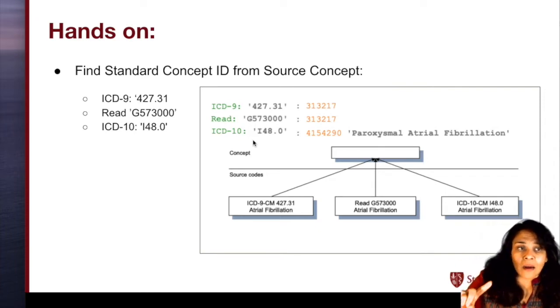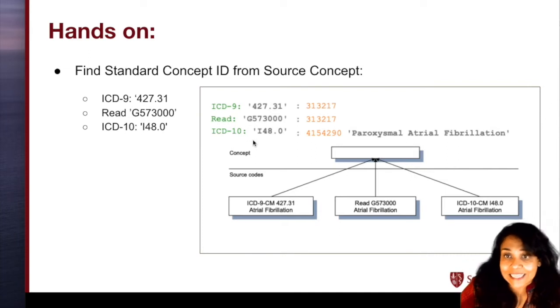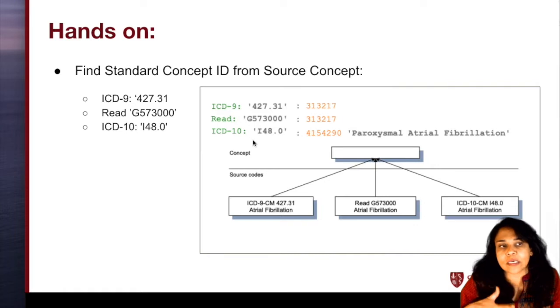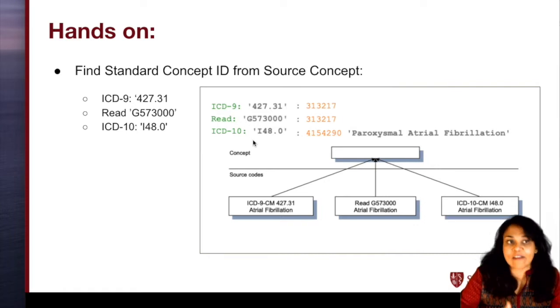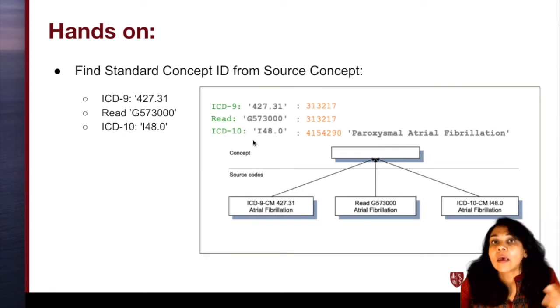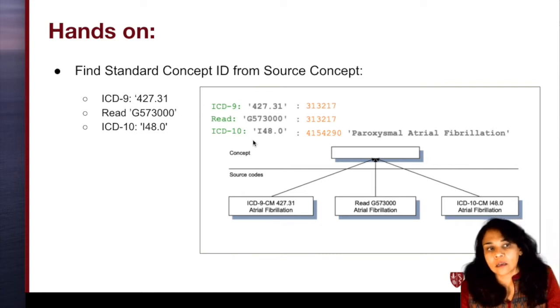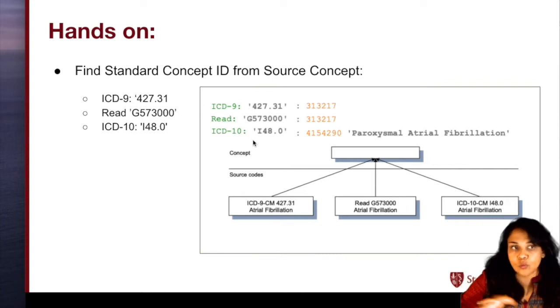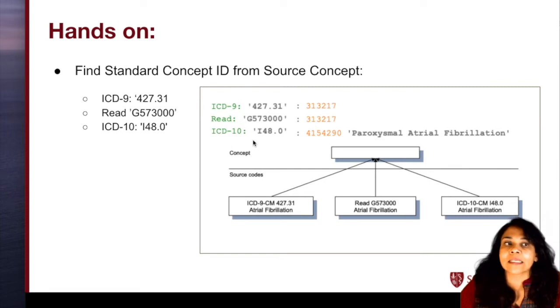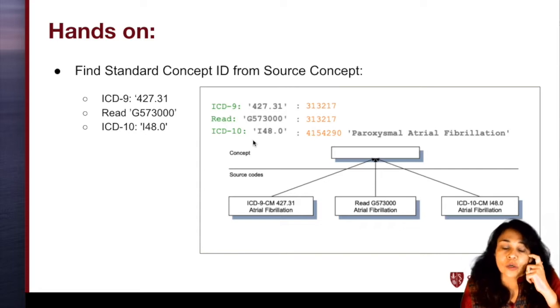ICD-9 and ICD-9-CM are two different vocabularies. The ICD-9 or ICD-10 vocabulary is what's followed by the WHO, and ICD-9-CM and ICD-10-CM, where CM stands for Clinical Modification, is what is used in the US for mostly diagnosis and also some procedure codes.